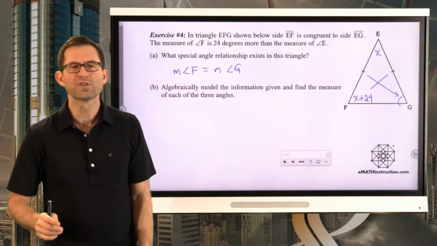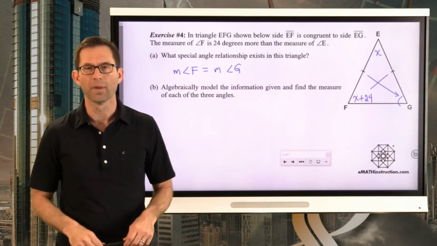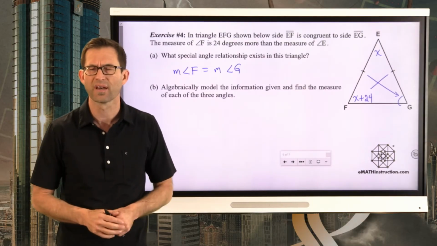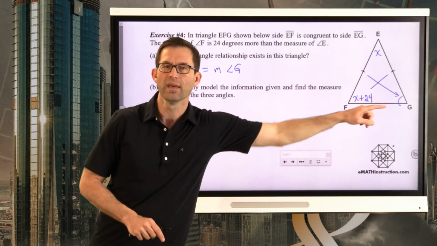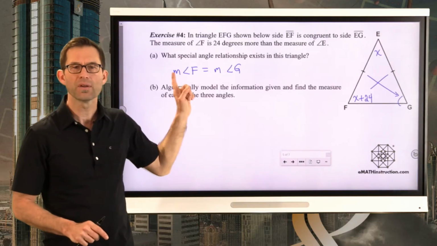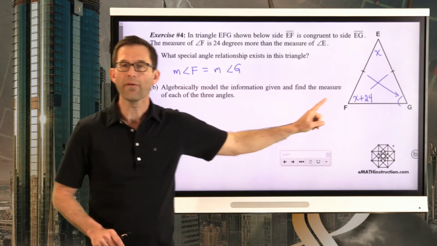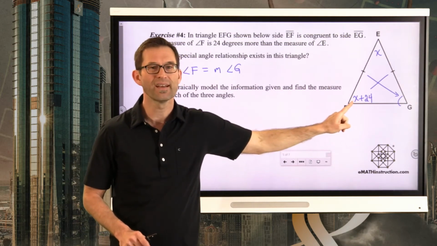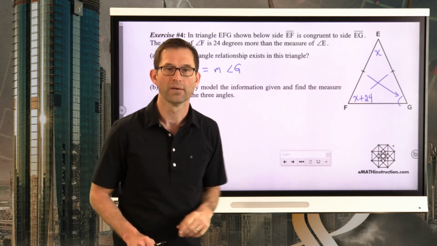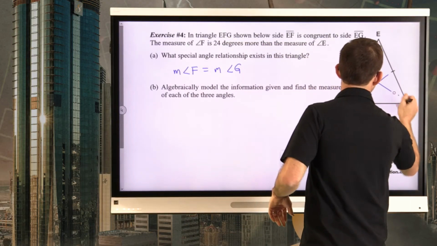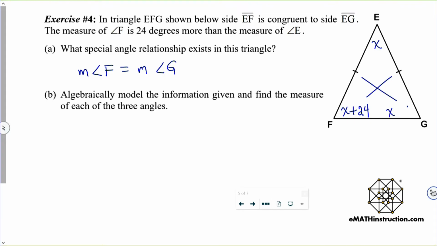Now, if you write those two things down, you might get a little stymied. It might be like, well, what do I do now? I mean, how do I solve for x? I don't have letter G in any way, except the measure of angle F is equal to the measure of angle G. So if F is x plus 24, guess what? So is G, right? So G must also be x plus 24.